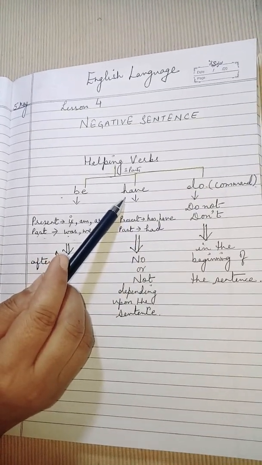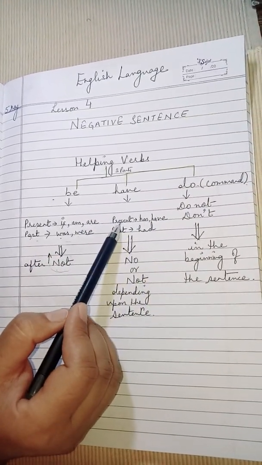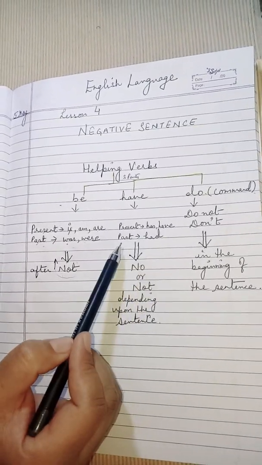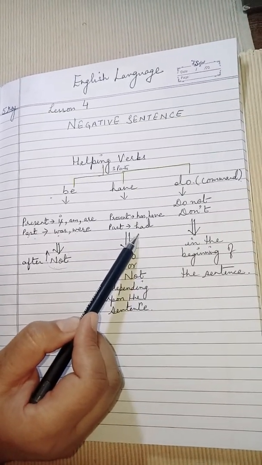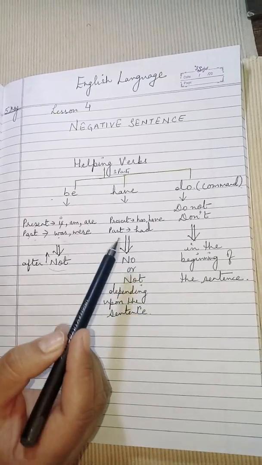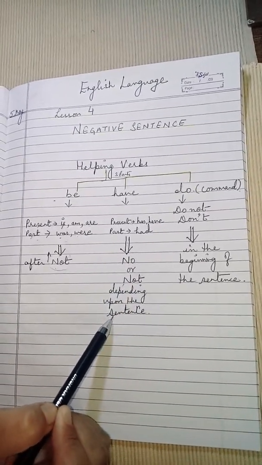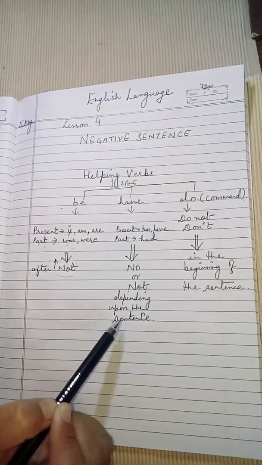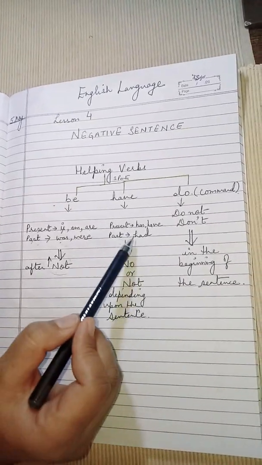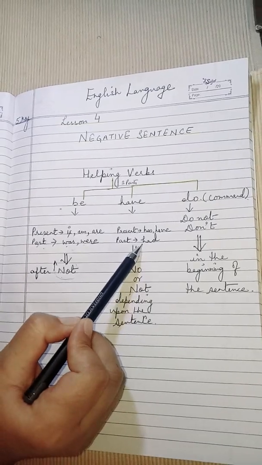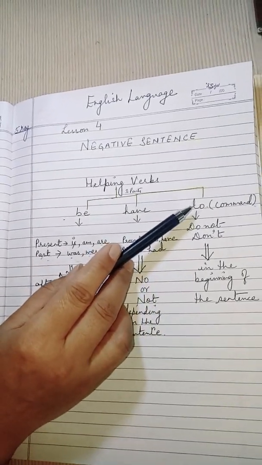In have form, in present tense you have has, have. In past tense you have had. So you are going to put either no or not depending upon the sentence. You are going to put no and not after has, have and had. Do.